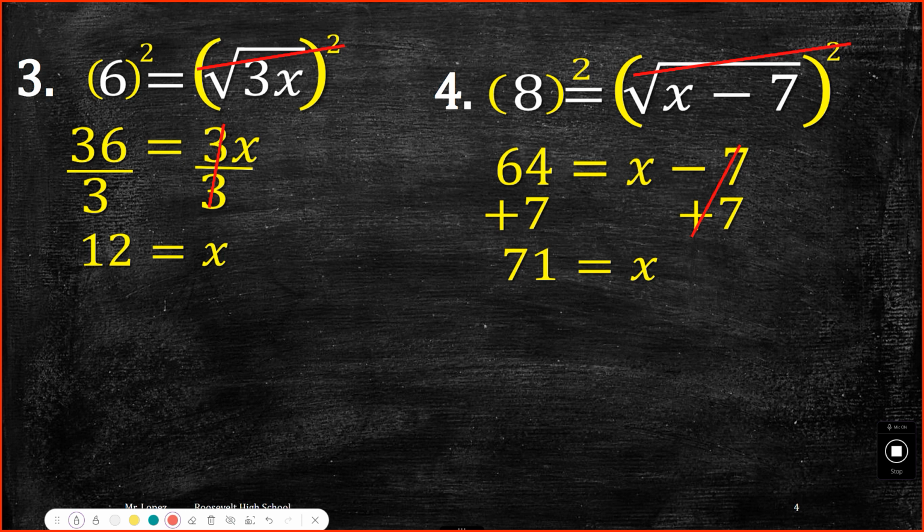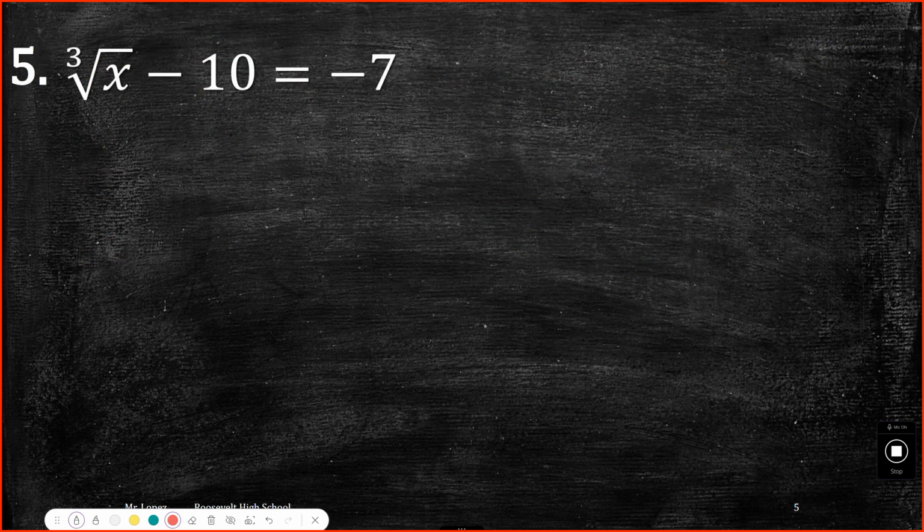All right. Continue. Next. Got it? All right, next, number 5. Always step number 1 is to get that x by itself.